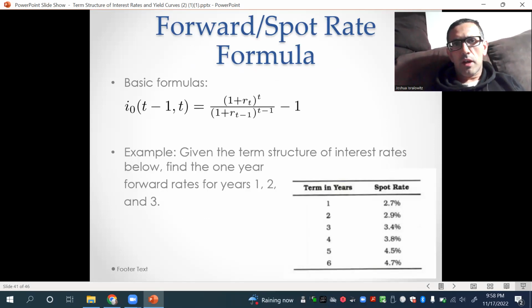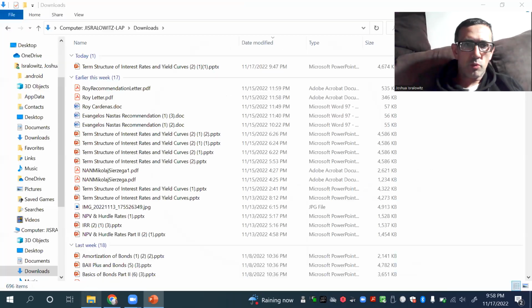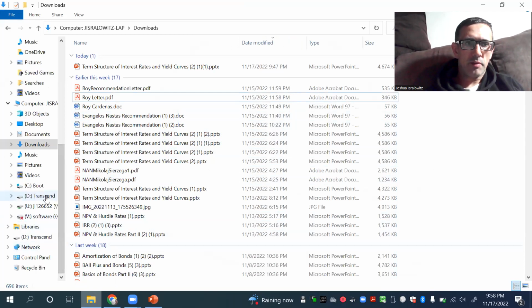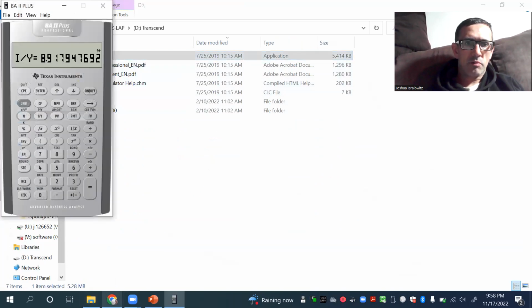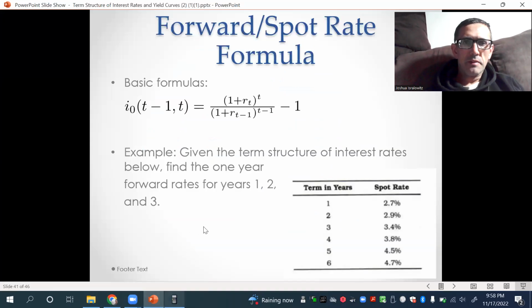Okay, so a very plug and chug example here. Let's just do this real quickly. I won't use the calculator per se, but I'll just pop it up here. I trust you can plop the formulas into the calculator. But anyway, given this term structure of interest rates, find the 1-year forward rate for years 1, 2, and 3.